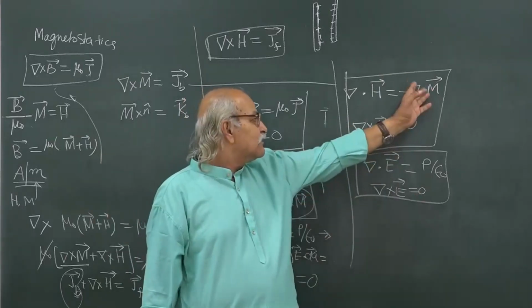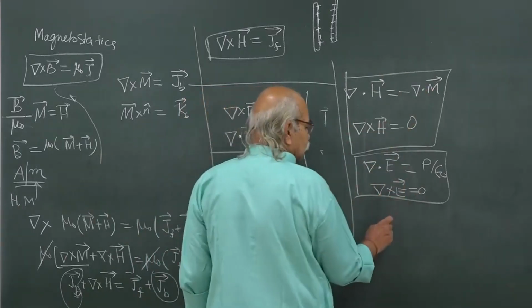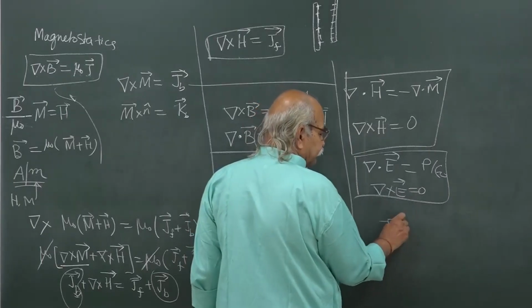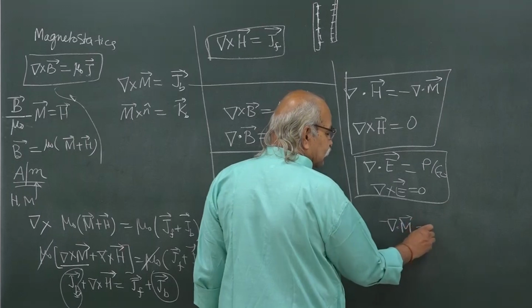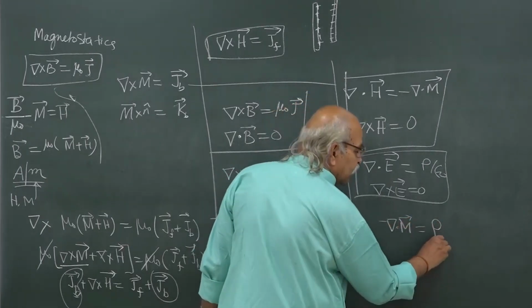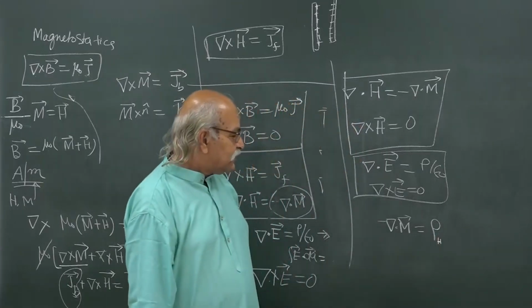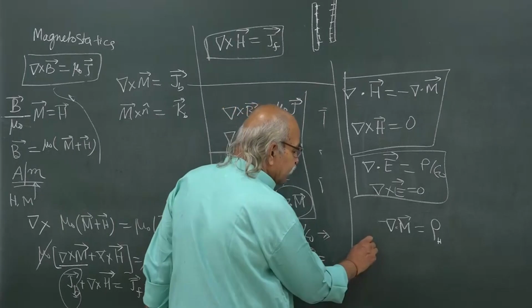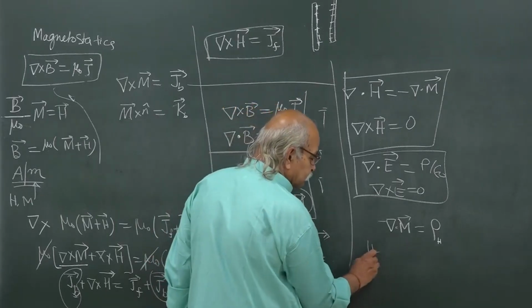So, we know what is this divergence of M, and you can write this negative divergence of M. Let us write this as rho_H. We are writing a totally different quantity, rho_H, and we will call it H charge density.